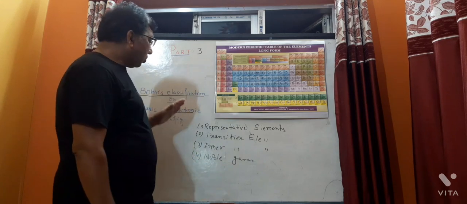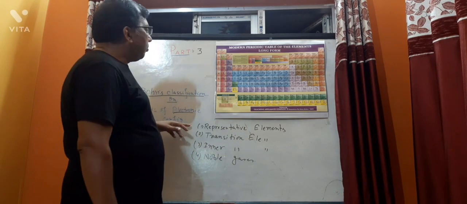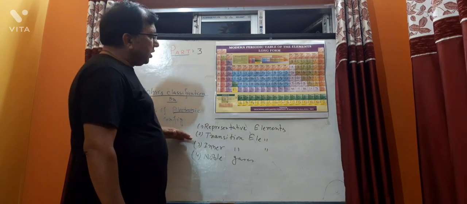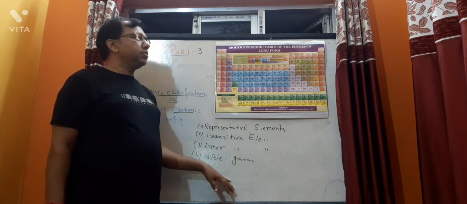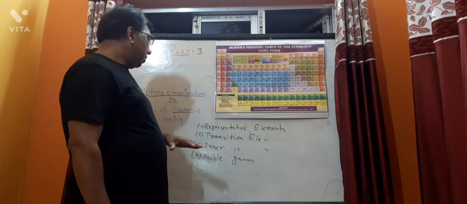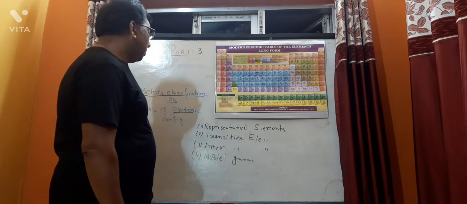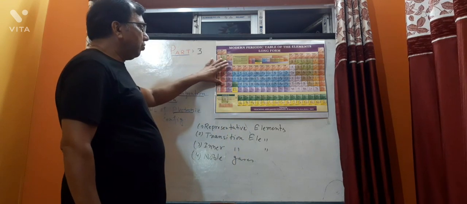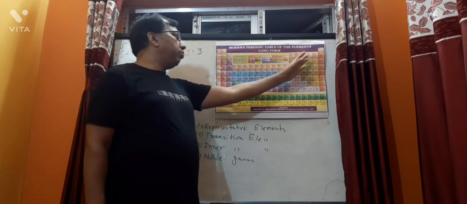One is the representative elements, number 2 is transition elements, number 3 is inner transition elements, and number 4 is noble gases. The representative elements are the s block and p block.